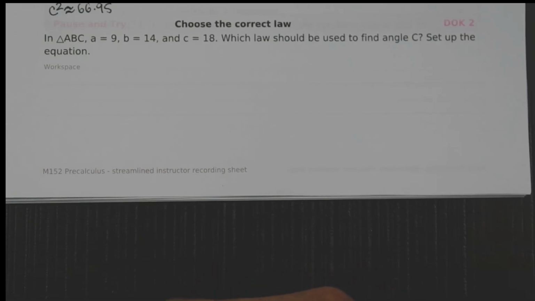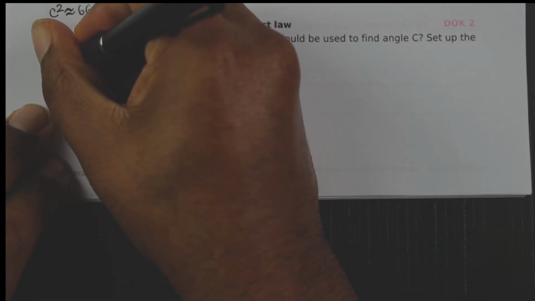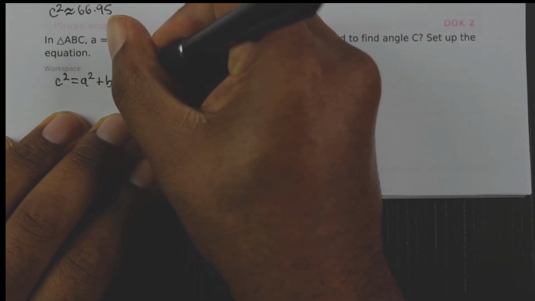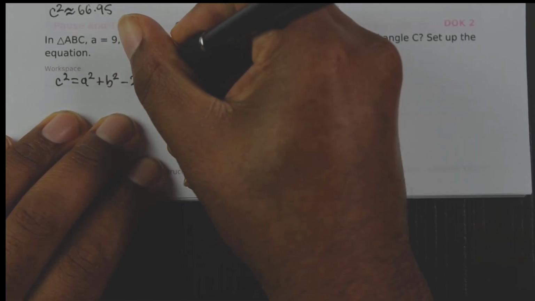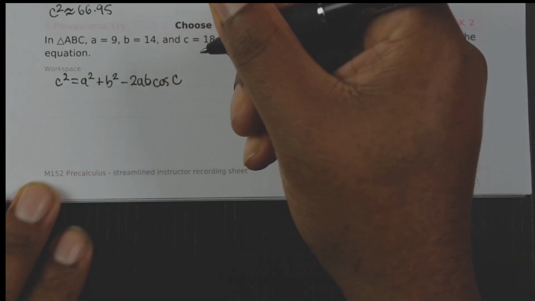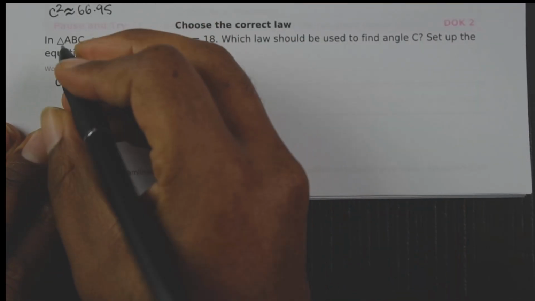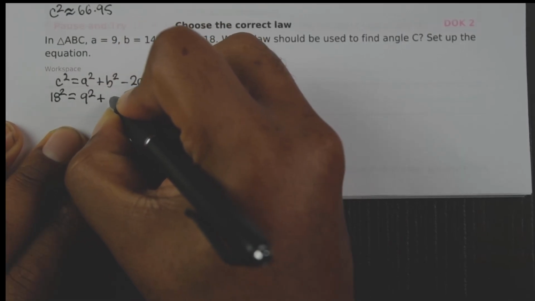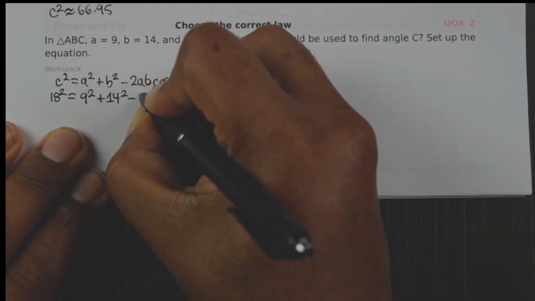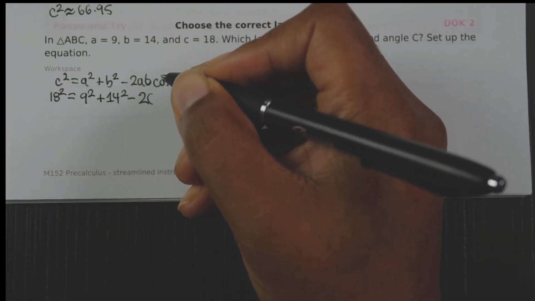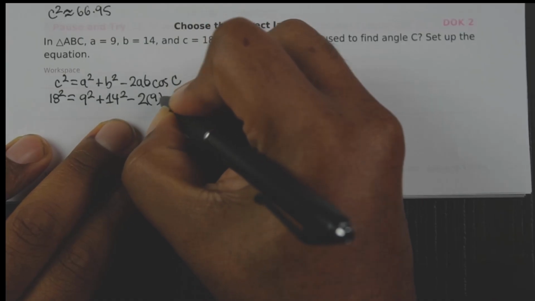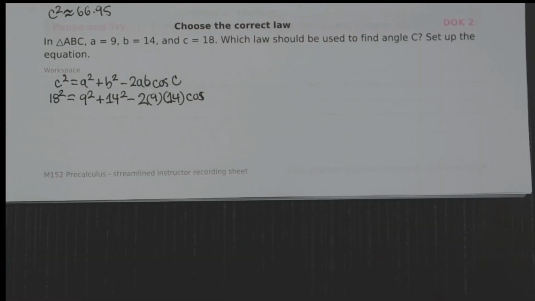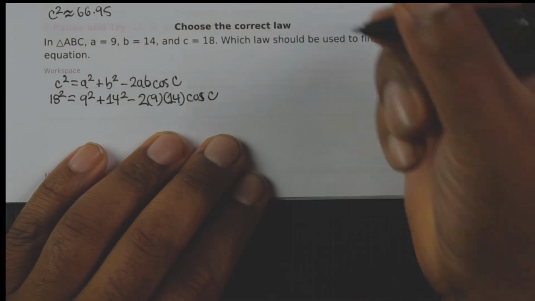For angle C, we need to use this form: c squared equals a squared plus b squared minus 2ab cosine of capital C. We can substitute the information that we already know, which is 18 squared equals 9 squared plus 14 squared minus 2 times 9 times 14 times the cosine of C, because we don't have that yet.